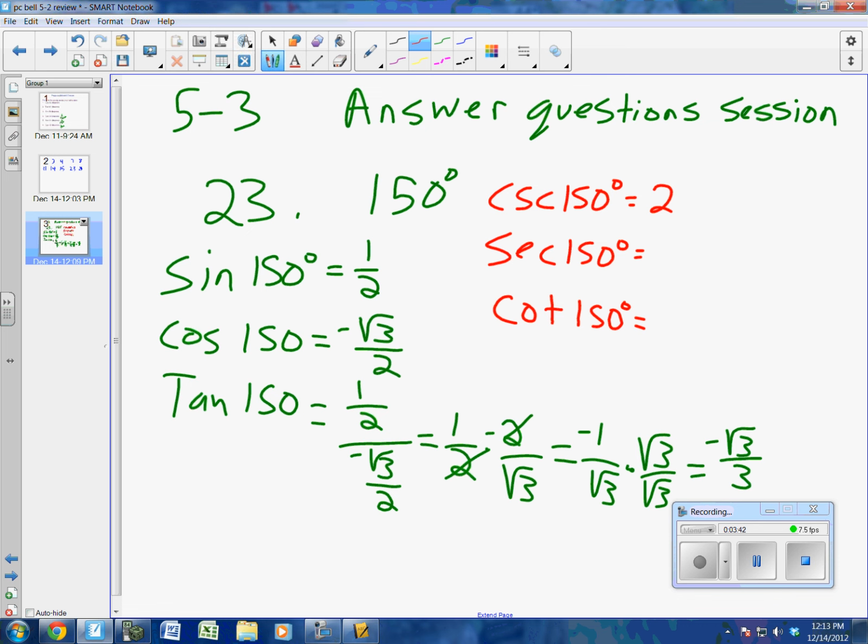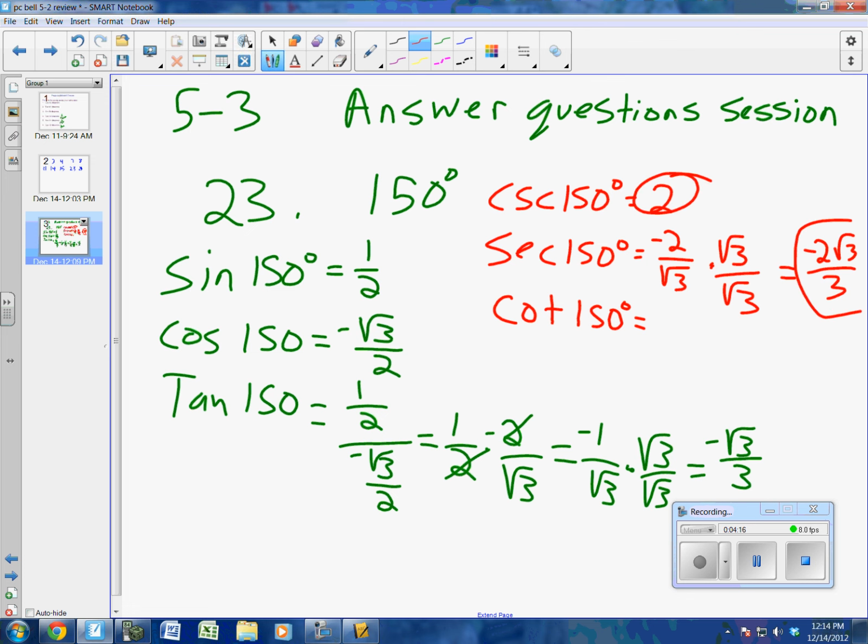Secant's defined to be what? No, it's defined to be the reciprocal of the cosine, right? Which would be negative 2 over square root 3. But what do we need to do with that? Rationalize it. How do I do that? Times the top and bottom by square root of 3. What do we get? Negative 2 square root 3 over 3. Is that right? Okay, so there's that answer.